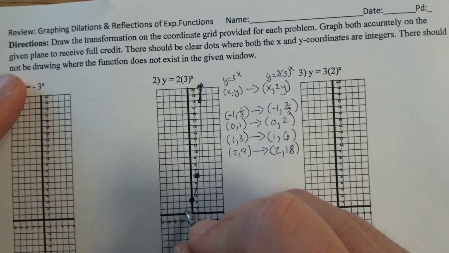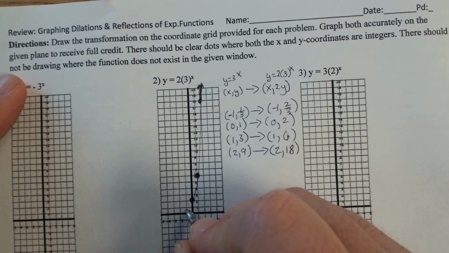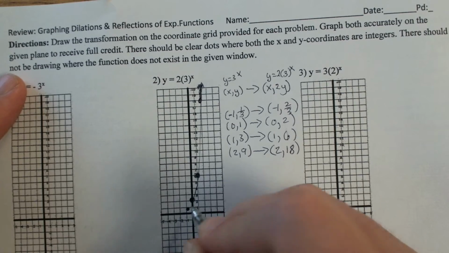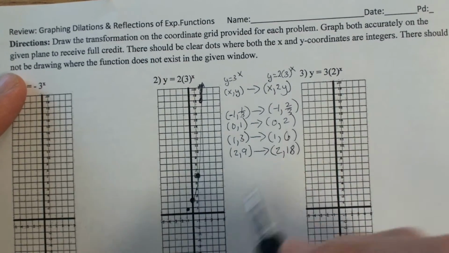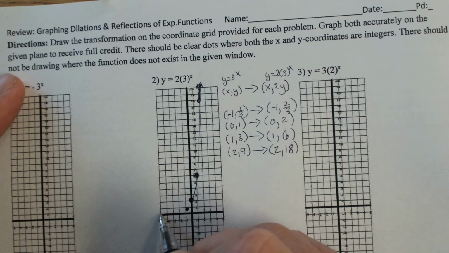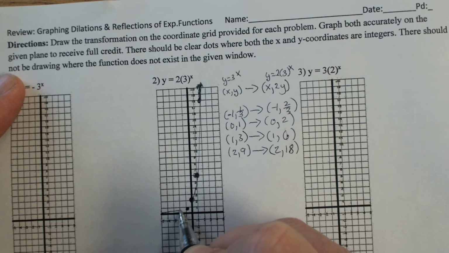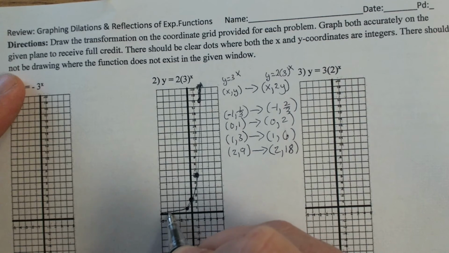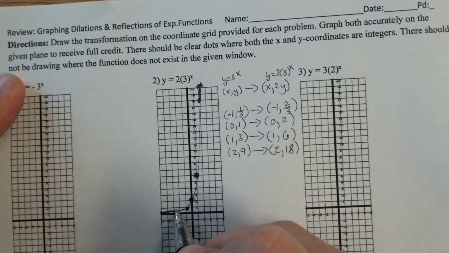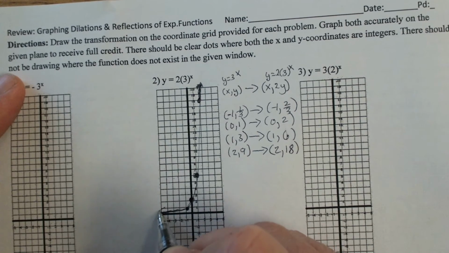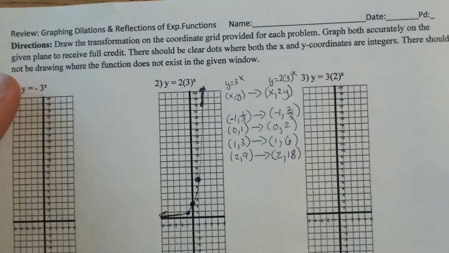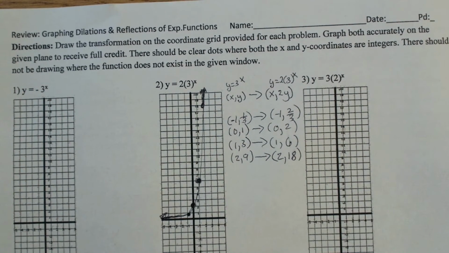At negative 1, it's not quite up to 1. So sometimes picking up that extra point or 2 will help. In this case, it didn't help too much. But we know from there it will flatten out and almost be a horizontal line as we go off the grid here. So that's your basic exponential function, and then the transformation.